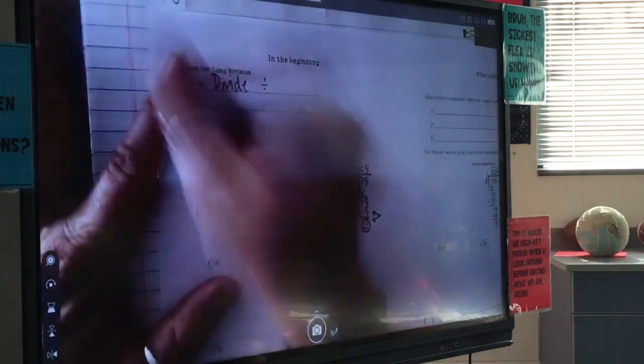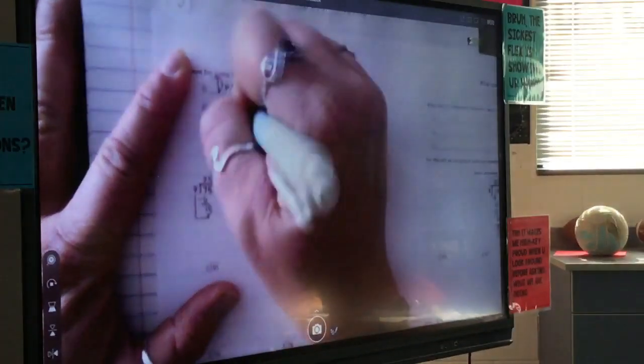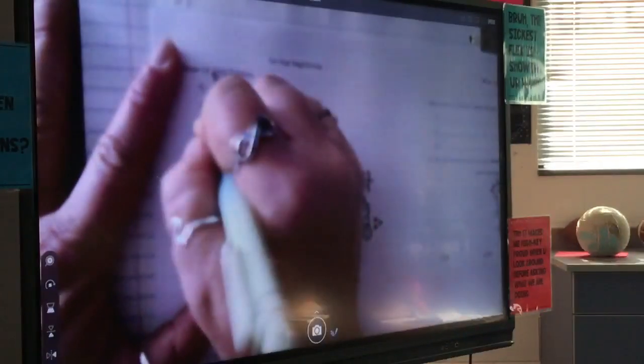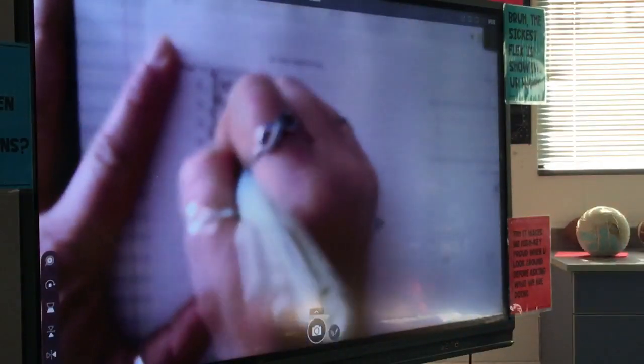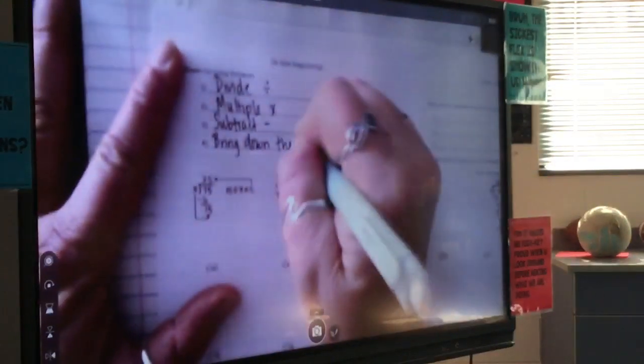All right, second step, you're going to multiply. Third step, you're going to subtract. And then the last step, you're going to bring down the next number.